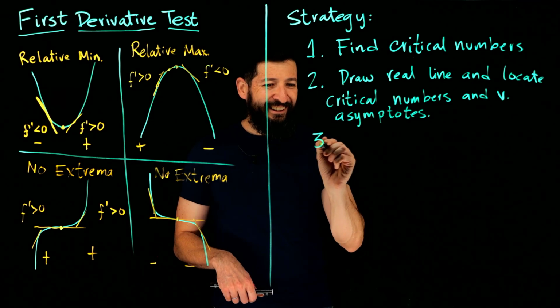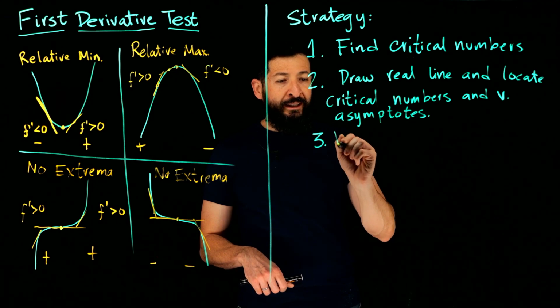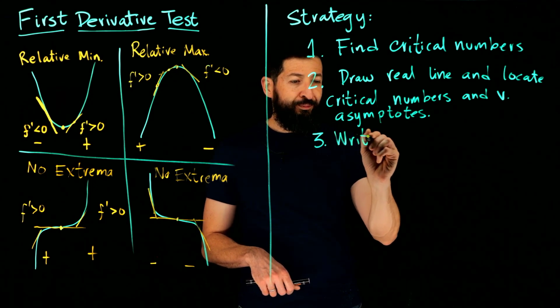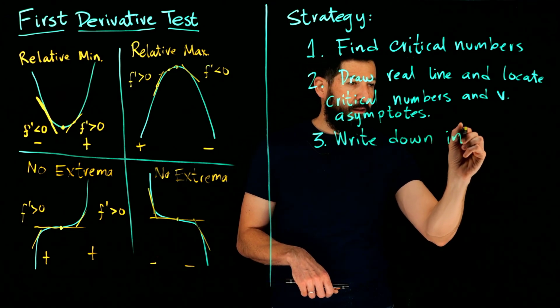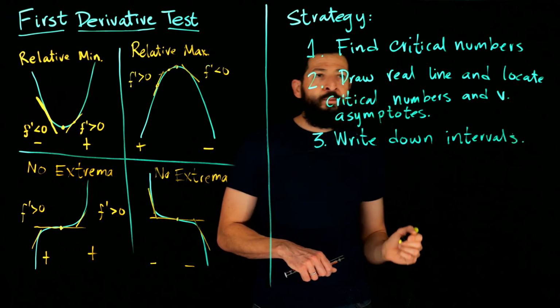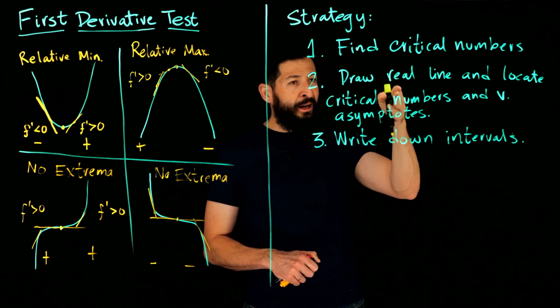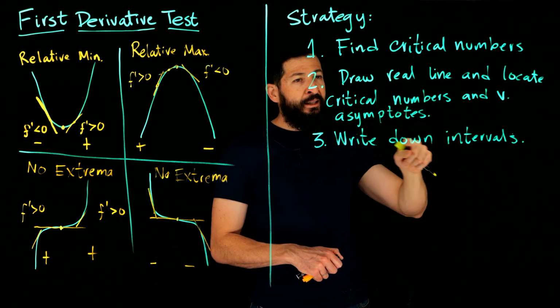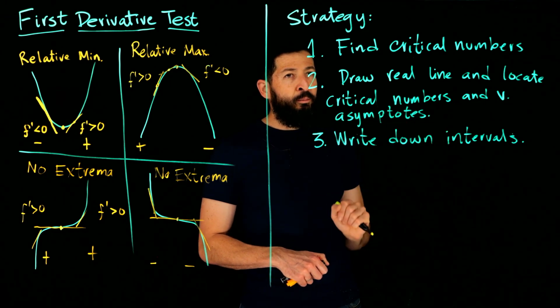Then three, you're going to have to form your intervals or write down the intervals. And what are those intervals going to be? Those intervals are going to be the ones given by partitioning the real line into the subintervals that have endpoints at your critical numbers and asymptotes.